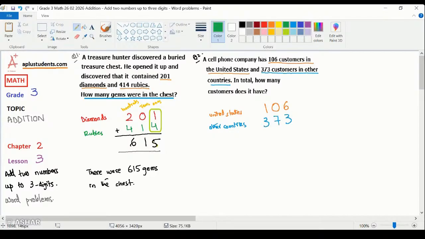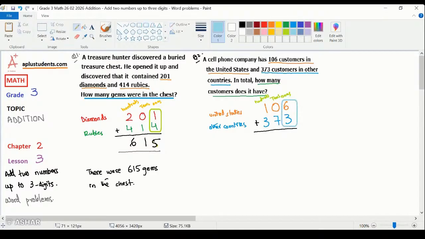We had to find how many customers it has in total. When we add them together, we add the ones together. I'll highlight. These were the ones, these are the tens, and these are the hundreds. So when we add the ones together, how many ones are there? There are 6 plus 3 ones.